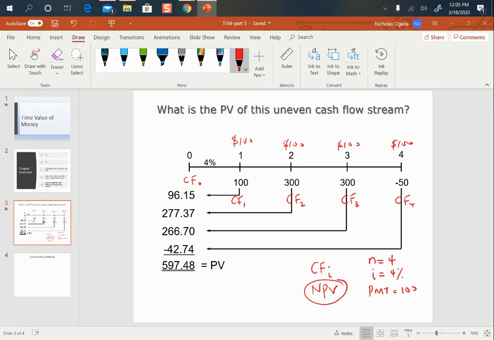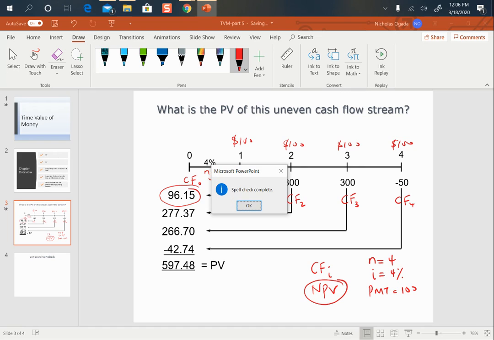For example, the $100 to be received a year from today, you're going to consider as receiving $100 a year from today. So this is going to be the present value of $100, where of course N is 1 because it's a year from today. So N is going to be 1 and I is going to be 4%. To determine that present value, you'll find this to be 96.15.